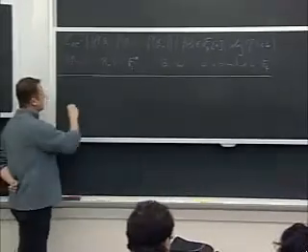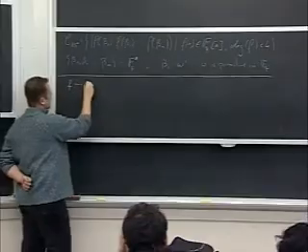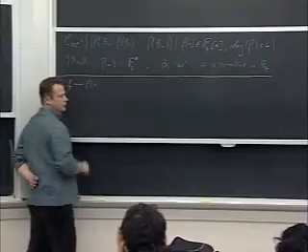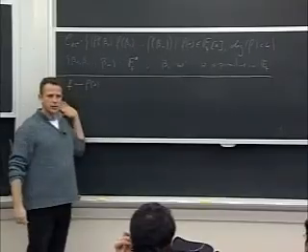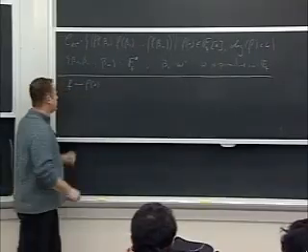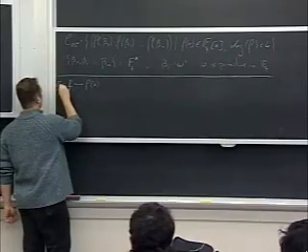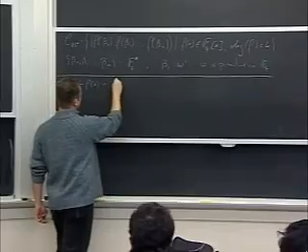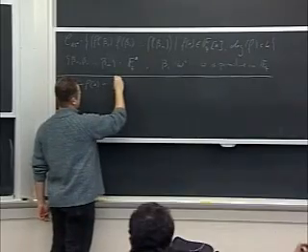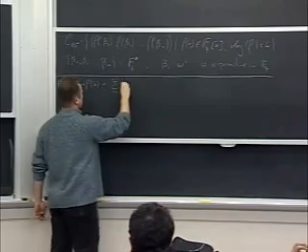From now on, I will make implicit identifications, jumping between a vector in F_q^n and a polynomial in F_q[x], with degrees maybe 0 to n minus 1.